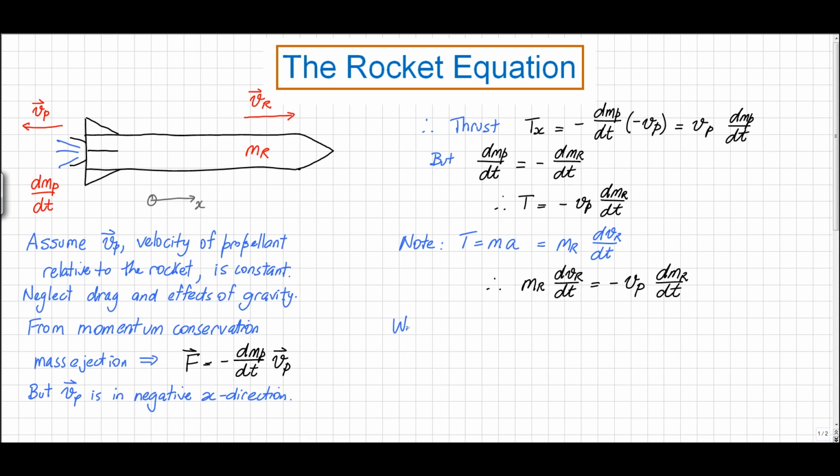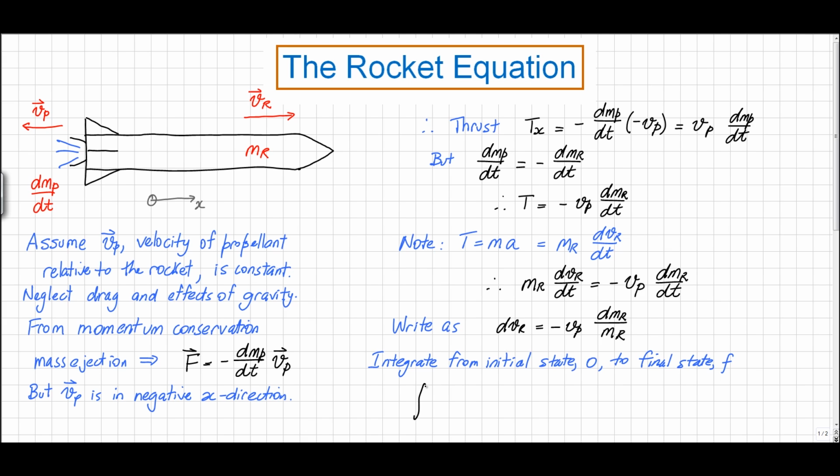Let's write this in the following way. Let's write it as dvr is equal to minus vp times dmr over mr. So that gives us an equation in a differential form. So let's see if we can integrate this from an initial state, which we'll call state 0, to some final state, which we'll refer to as state f.